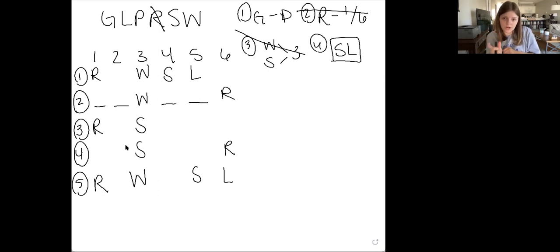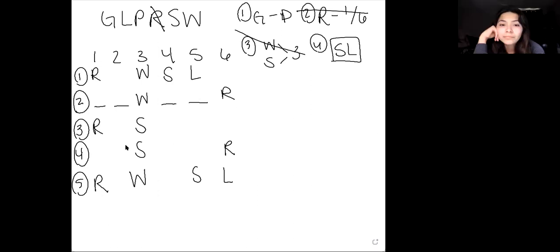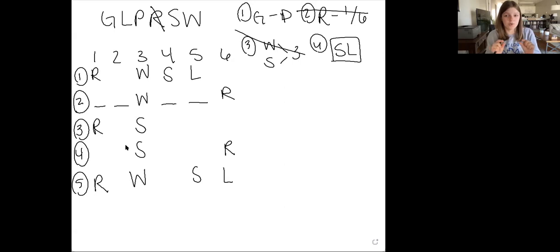Once we place our S and L, the only other variables that we have to worry about are G and P, right? When we're looking at world 2, no matter where we put G and P, we're not able to separate them, right? Even though G and P in the original rule can be separated, the way that our world is structured in world 2, we can't separate them.